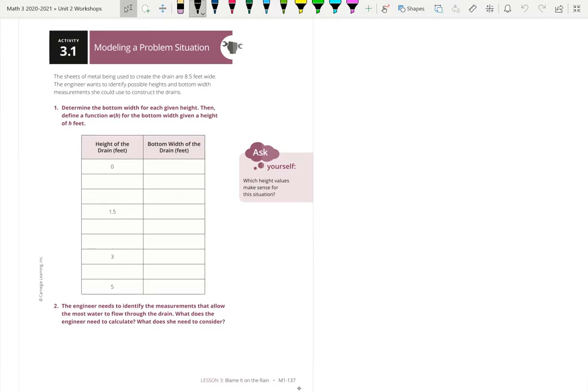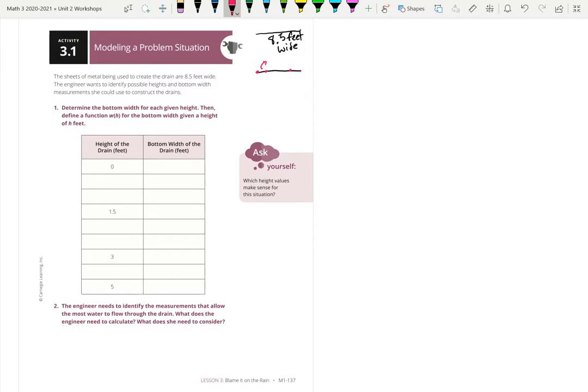So remember, what we're doing is we're talking about sheets of metal and we're creating a drain. The sheet of metal that is originally used is 8.5 feet wide. And the idea is that we're going to take part of our region and we're going to fold the side up.